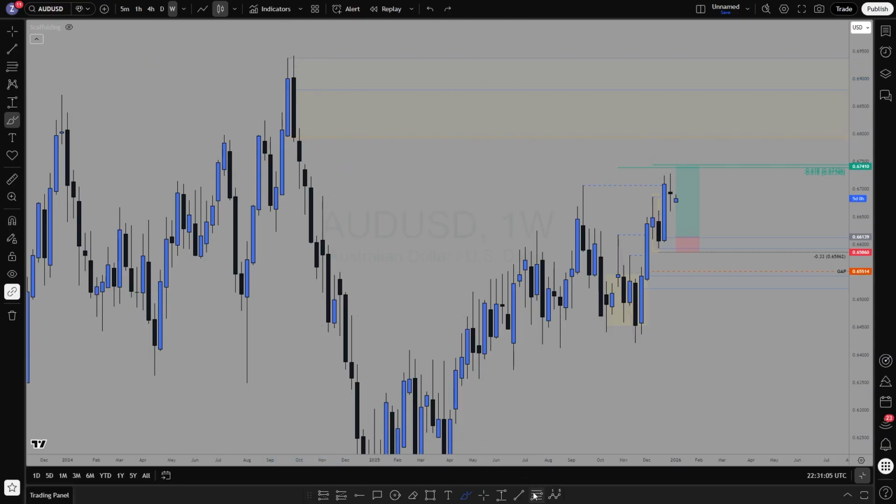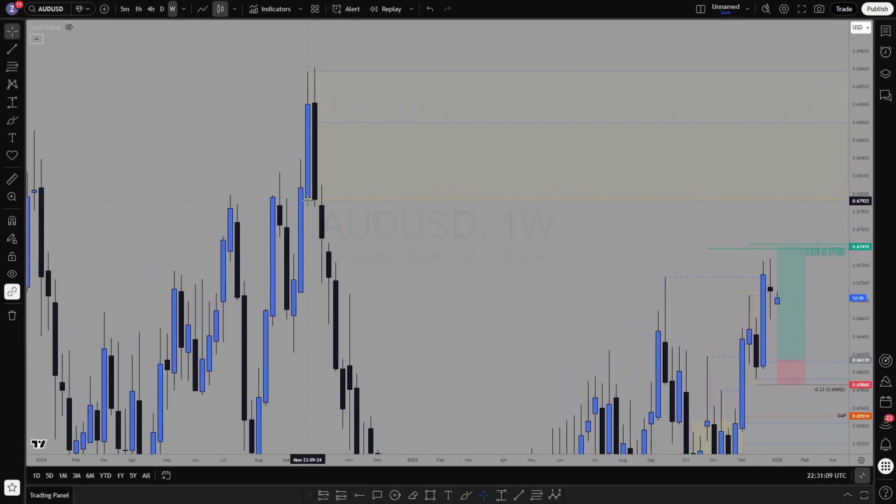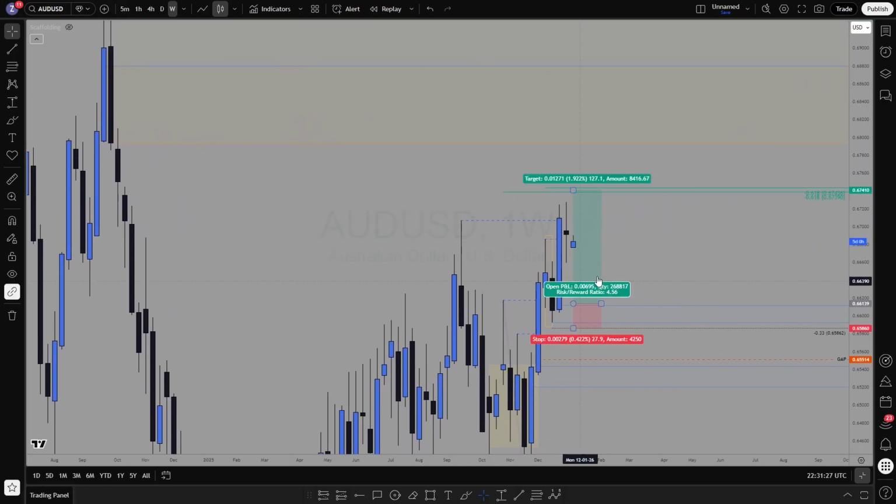So I'm looking at this basing, and we've got our weekly supply up here. So it should actually be from low to high, like so. Hold on. We'll clean up the daily zone, which is the blue zone, but the orange zone is the weekly supply, which would be a longer term target.